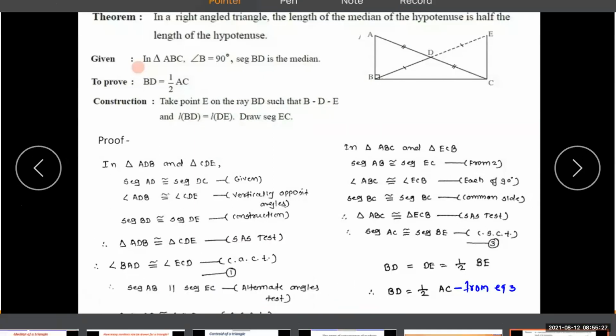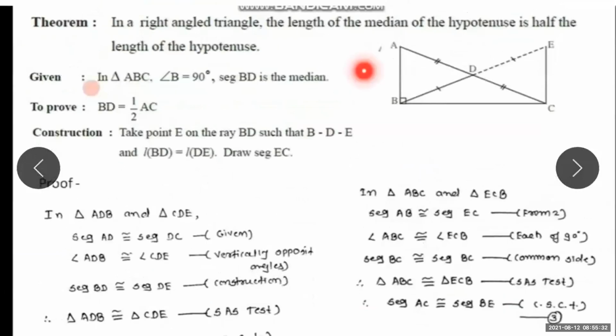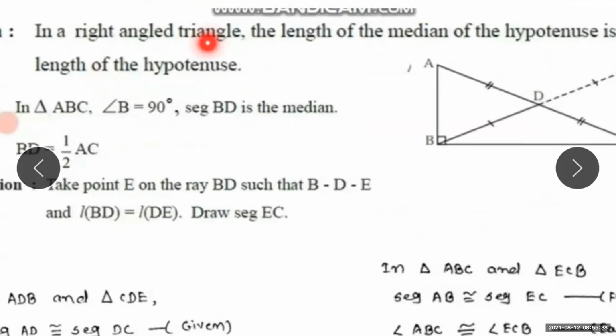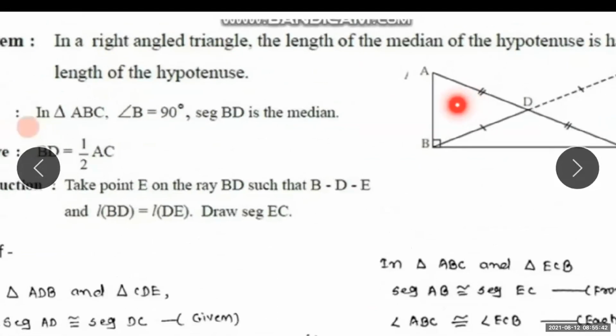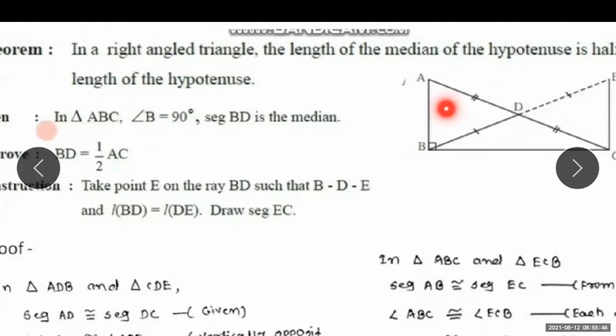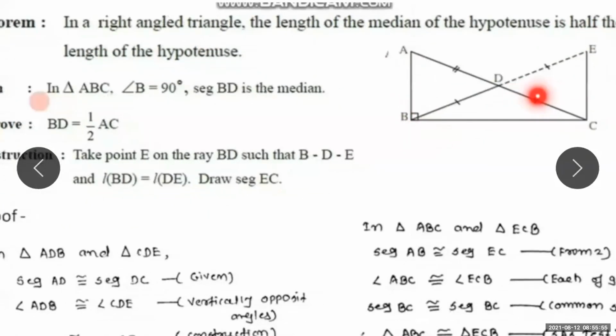Now you can see here what is the property. In a right angle triangle, the length of the median on the hypotenuse is half the length of the hypotenuse. That means, see in the diagram, here triangle ABC is a right triangle.